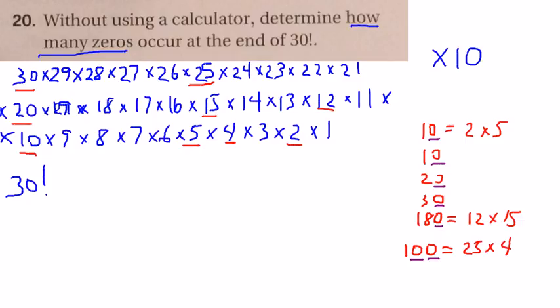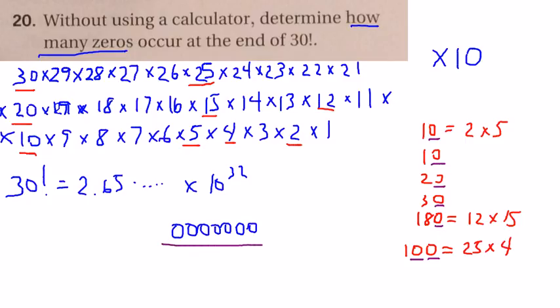So here we go, 2.65 times 10 to the 32. Well, the last 7 digits are going to be 0, 0, 0, 0, 0, 0, and 0. There's going to be 7 zeros at the end of this thing, for the reasons of the factors I've listed here. Okay. I hope that helps.